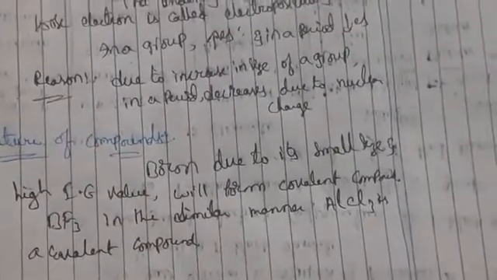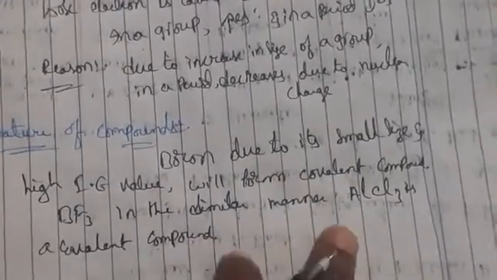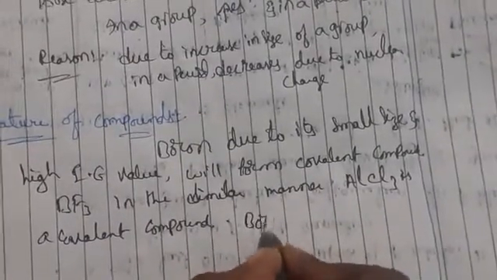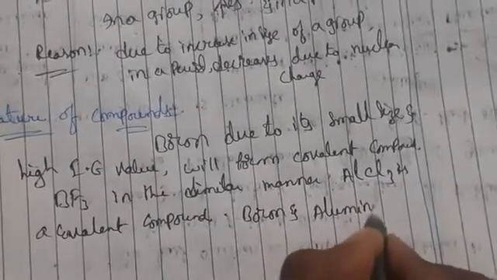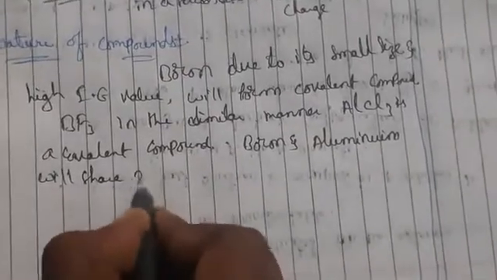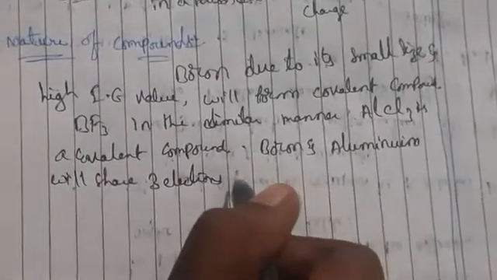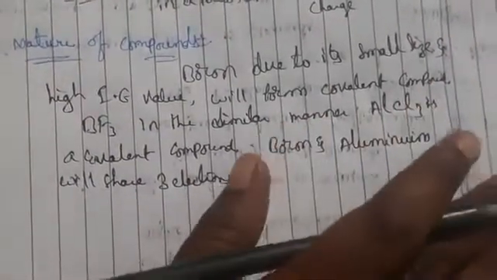So both are forming covalent compounds. Boron and aluminium share 3 electrons. So by this what we can say? They have only 6 electrons.